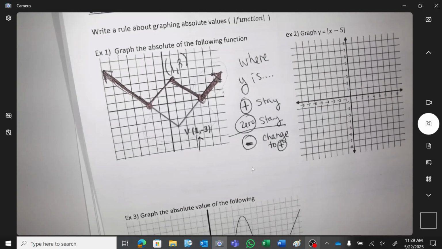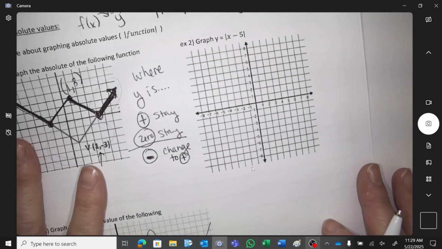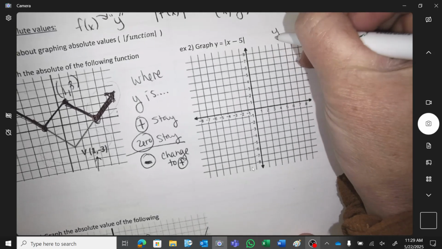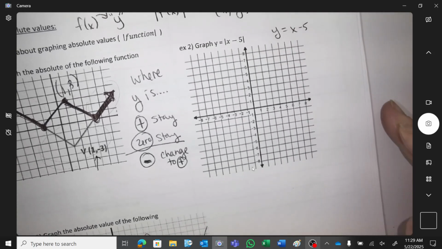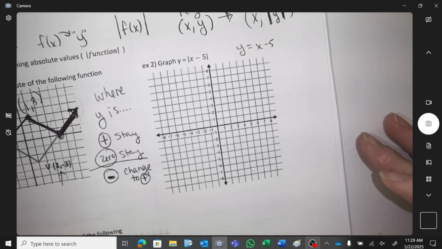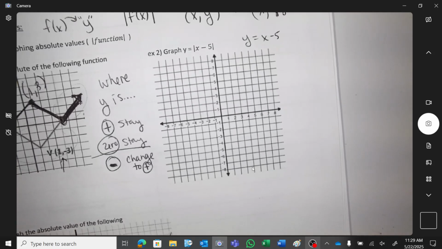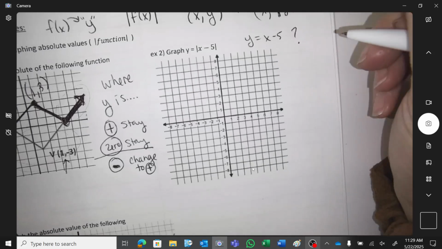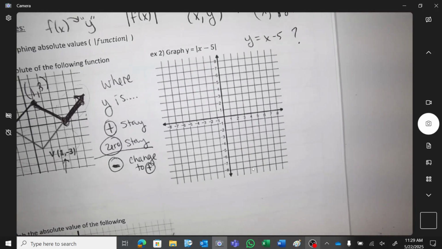Okay, number two. We're going to forget the absolute value for 1 second. I'm going to graph y equals x minus 5, just that. I'm going to do it lightly because it's not my actual graph. What do you know about this thing? Previous experience in math.